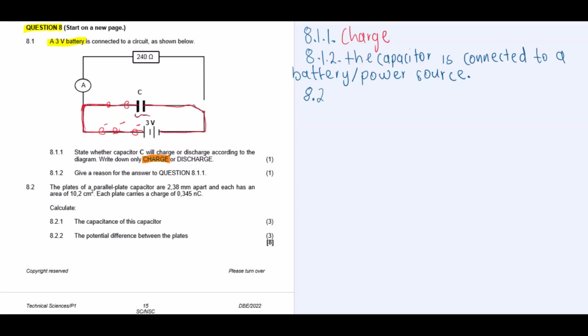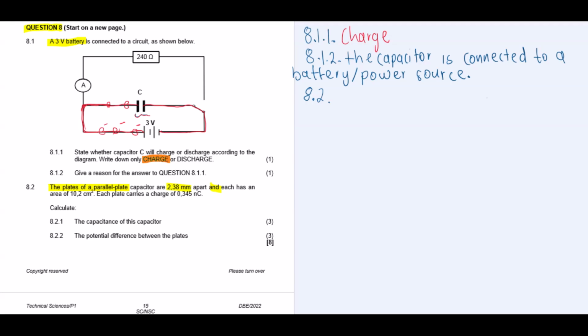This is 8.2 actually. So the next question, moving on to 8.2, the plates of a parallel plate capacitor are 2.88 meters apart, right?